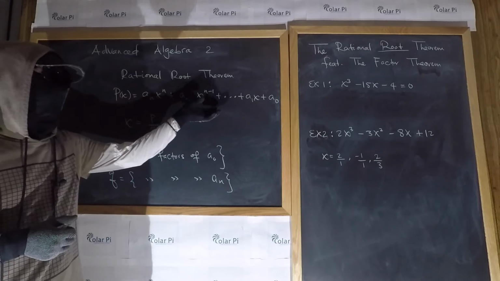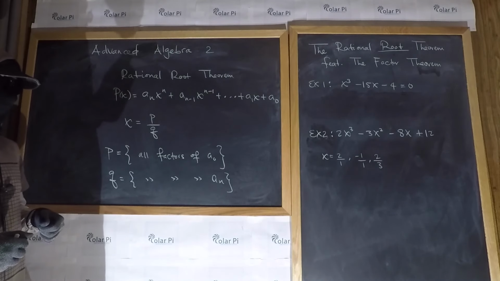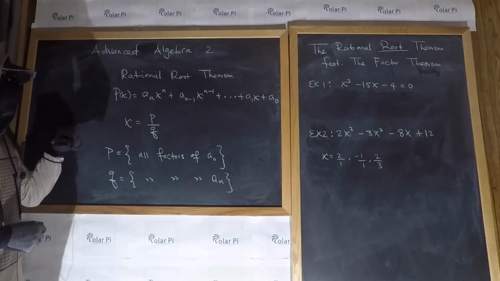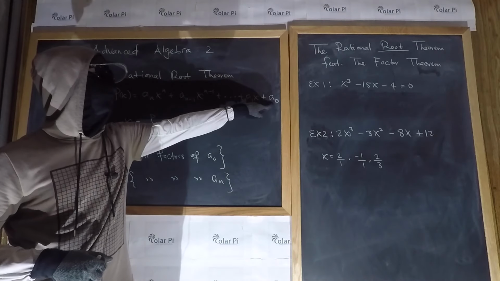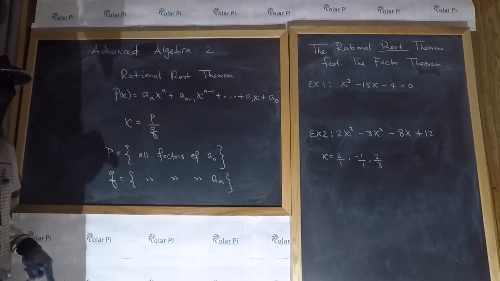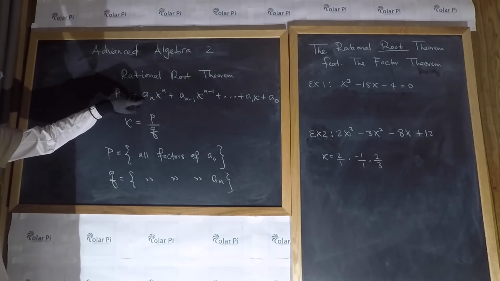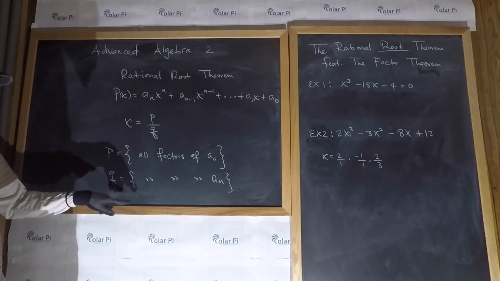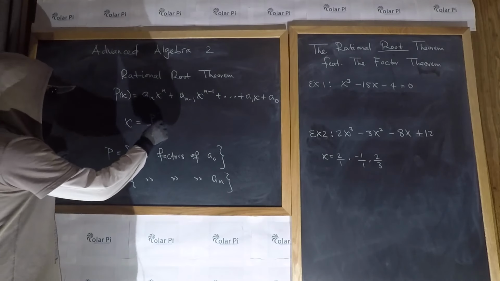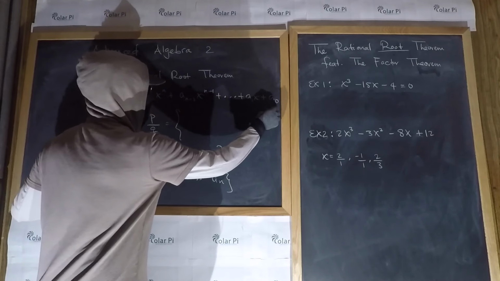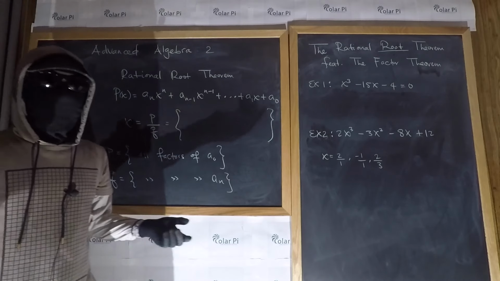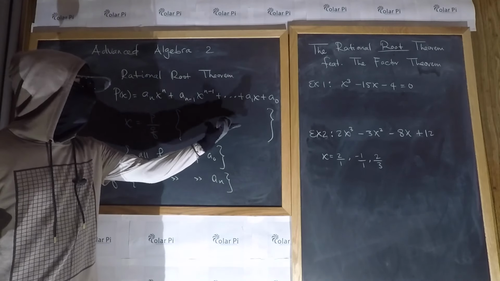If your polynomial has rational roots or rational zeros, then you take all the possible factors of the constant term in your polynomial, and that's the set p, and then you take all the possible factors of the leading coefficient, that's the set q, and you divide each of these by each of these and make a new list. That's the p over q list or set, and whatever rational zeros your polynomial has, it may have more than one, they will all be in this list.